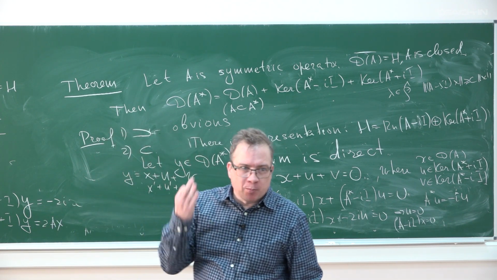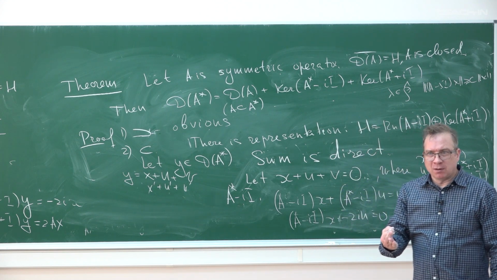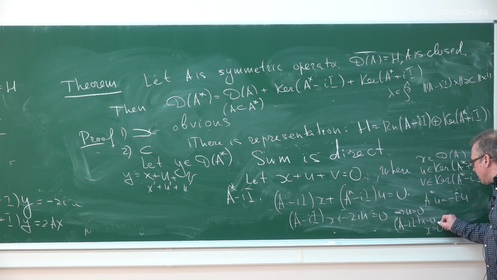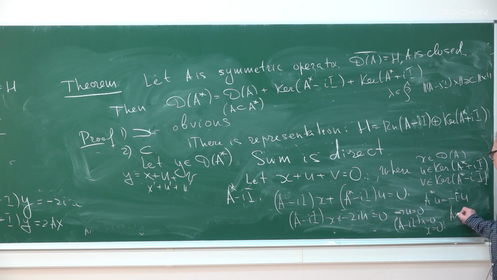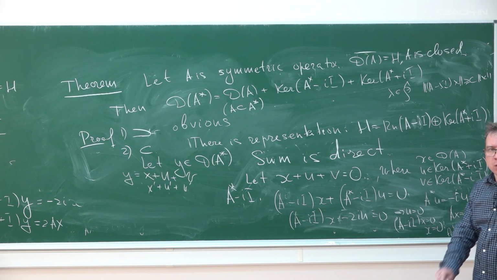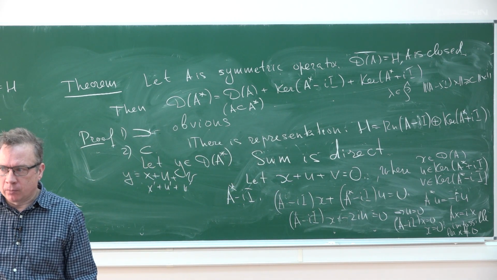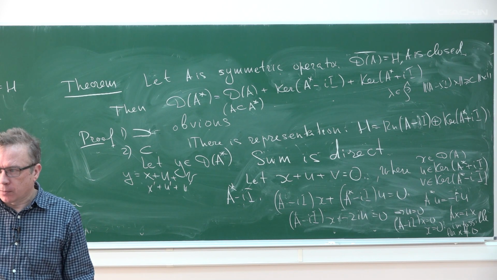If it is injective, the point spectrum is empty. So non-real numbers can't lie in the point spectrum of a symmetric operator. So it means that x must be 0. Okay, clear? So Ax equals ix is impossible for x which is not 0.